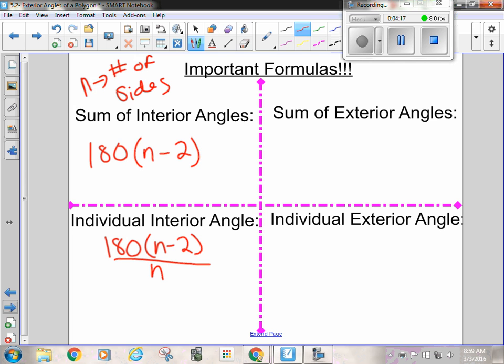Then the sum of exterior angles is always 360 degrees, so there's no formula for that one. But for the individual exterior angle, we take 360 and divide it by the number of sides that we have again. These 4 formulas are going to be the most important ones. You're going to want to have these written down somewhere. You're going to want to memorize them so that you can refer back to them.